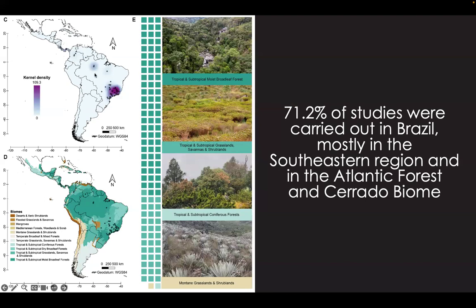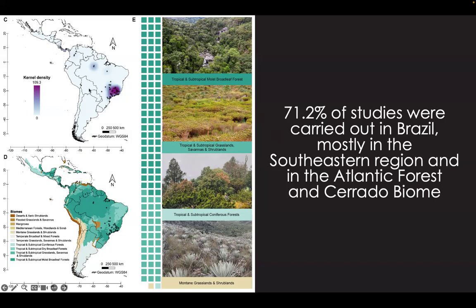We only see this huge concentration of studies in Brazil, some interesting and important studies carried out in Panama, and an important number of studies also carried out in the Amazon. But as a whole, we see huge geographical gaps in this map of studies.